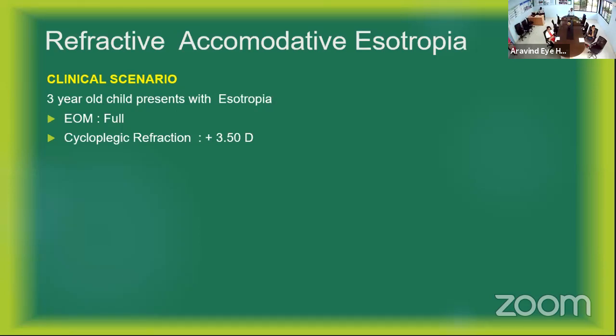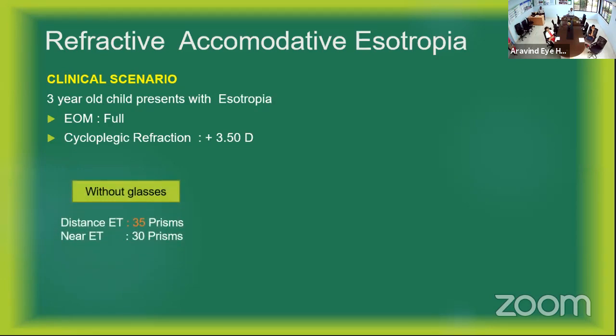Extraocular movements are full. On cycloplegic refraction, we have plus 3.50 diopters of hyperopia. When we measure the ET without the glasses, it's 35 prism diopters for distance and near esotropia of 30 prism diopters.